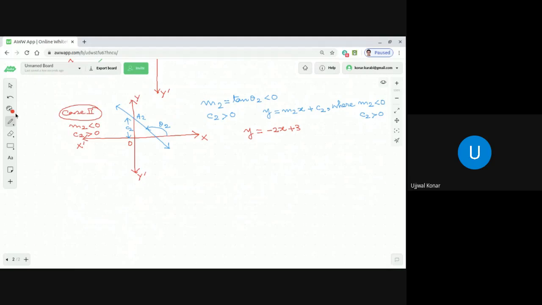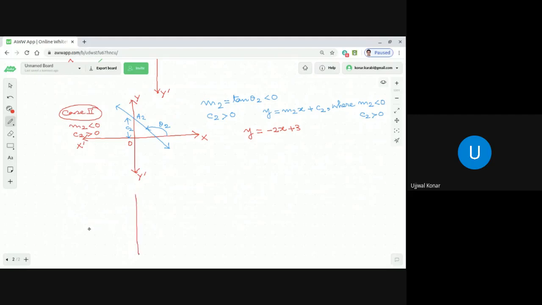Now the third point, dear students, is that what if both M and C are negative? Possible. Or let's consider the other thing. Case 3 is that M is positive but C is negative. How is that possible? That is case 3.